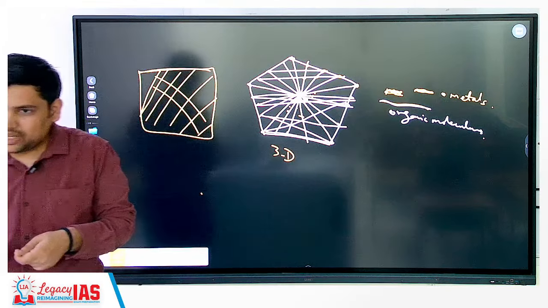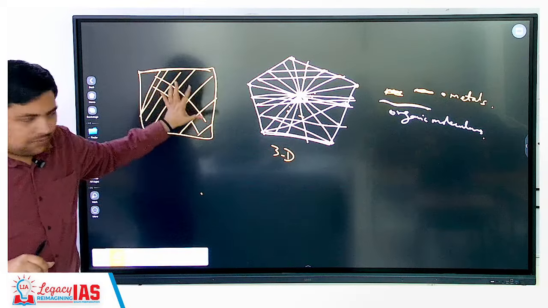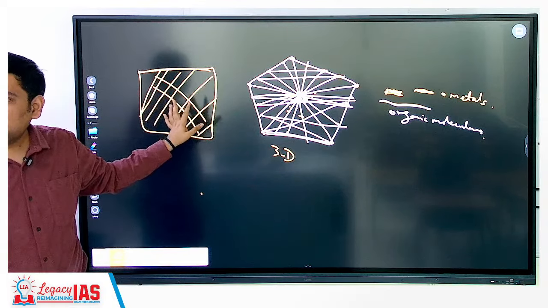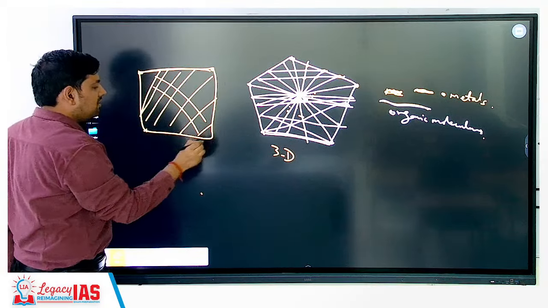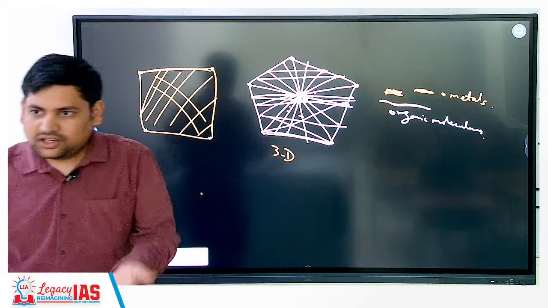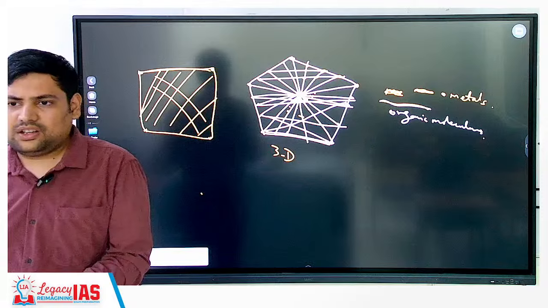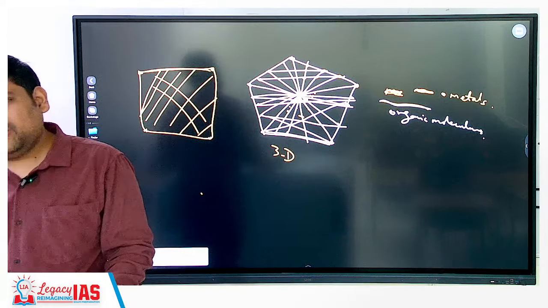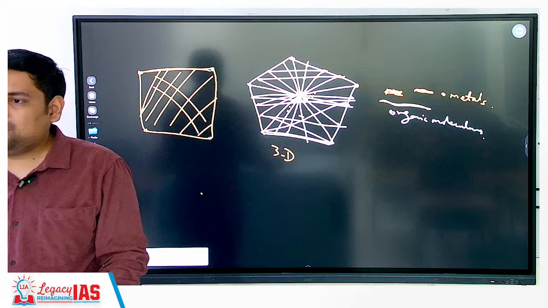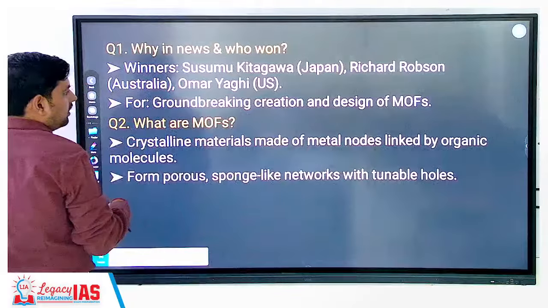Understand it like those webbed chairs are made up of organic molecules, and the end points are the metals. Now you take that chair and you make a stack of it. That becomes a 3D structure. That is what they have made. Now it can be used to absorb many different kinds of things, and it can be used in many different applications. That's it.